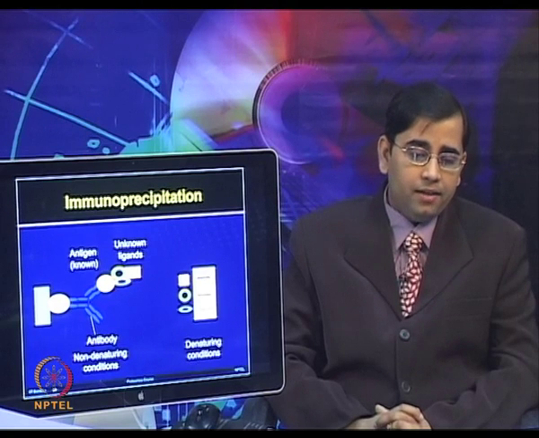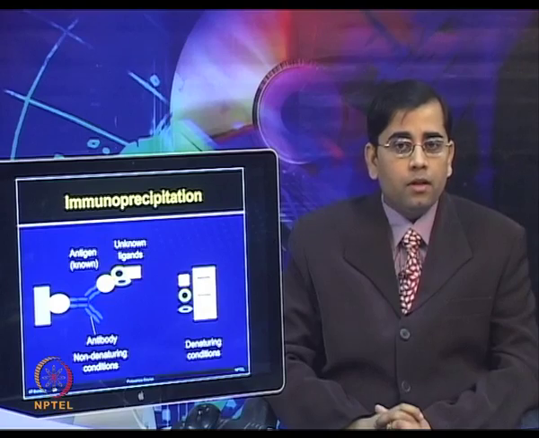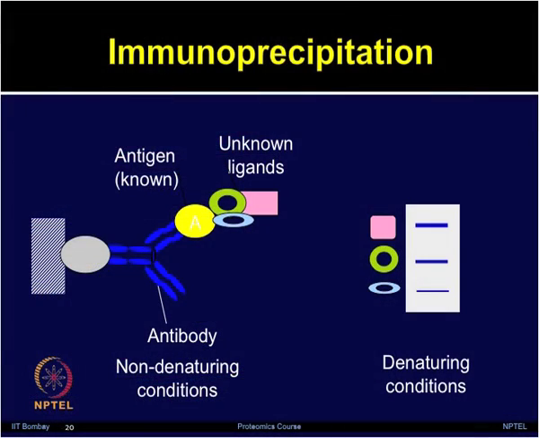As you can see on the slide, the antibody is used, which is binding with the antigen as well as the unknown ligands, and then this complex mixture is separated on the SDS-PAGE gel as shown on the right panel. Now, this condition will be denaturing, whereas the first step was the non-denaturing condition.